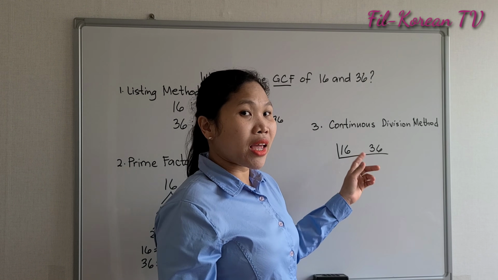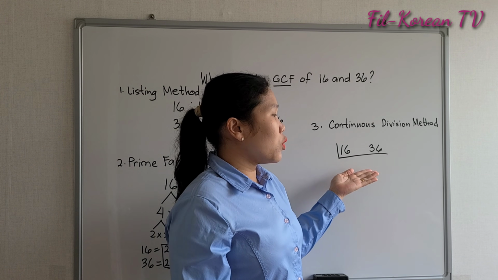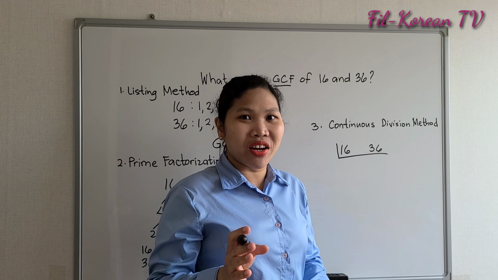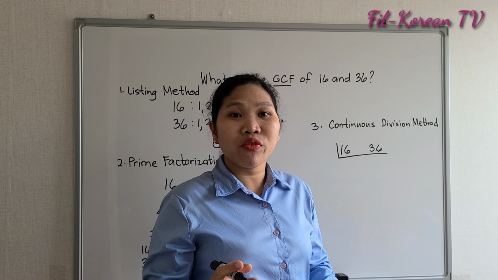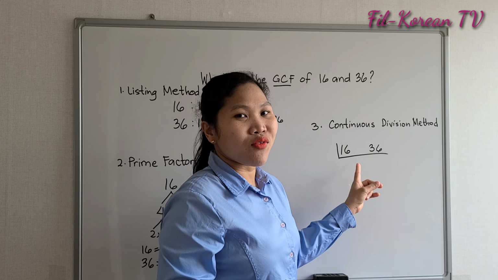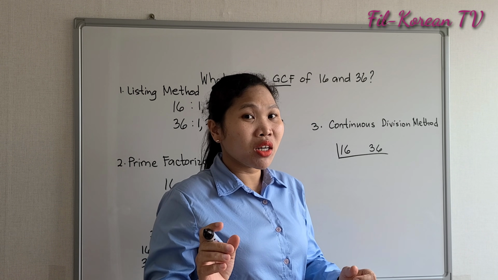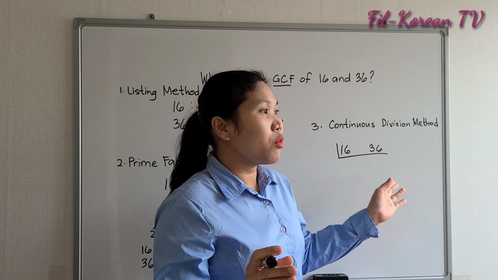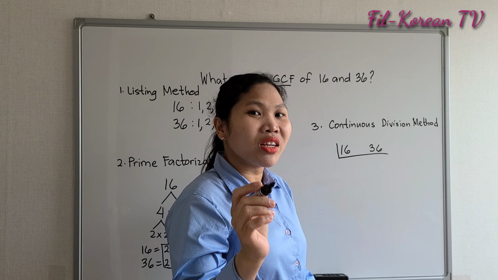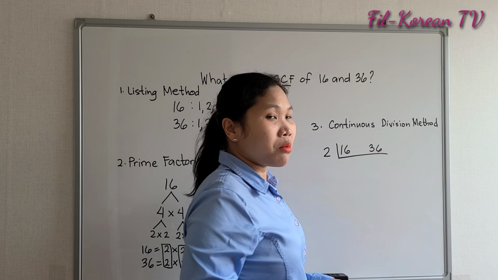So it looks like this. We need to divide. We can apply the divisibility rules here for us to quickly find the prime divisors and get the quotient. 16 is an even number, 36 is an even number. So what number can we divide both of these numbers? Prime number. We can divide this by 2, because 2 is a prime number.